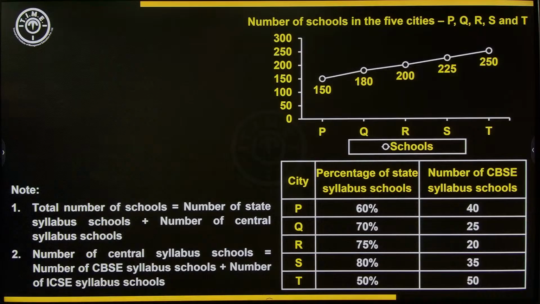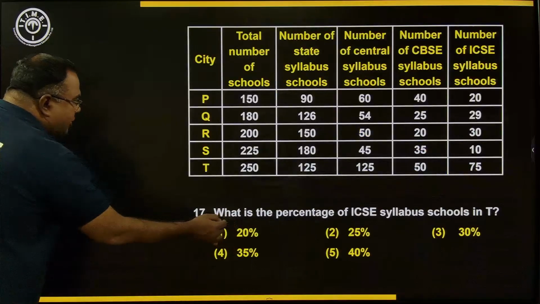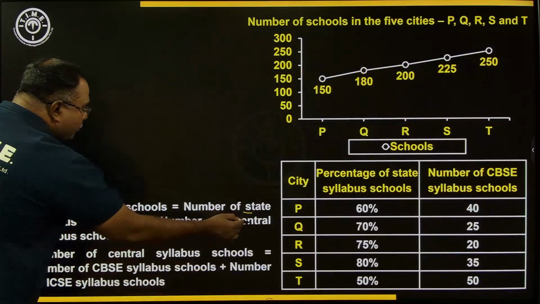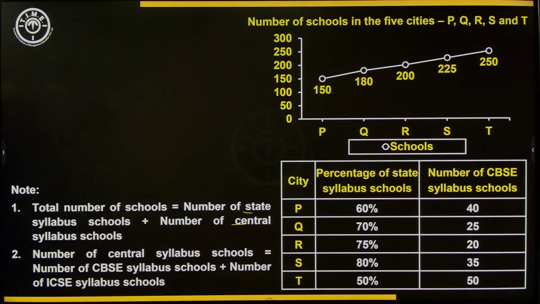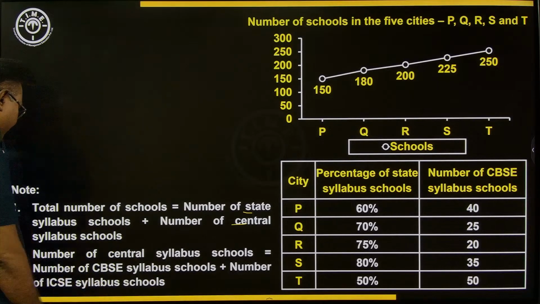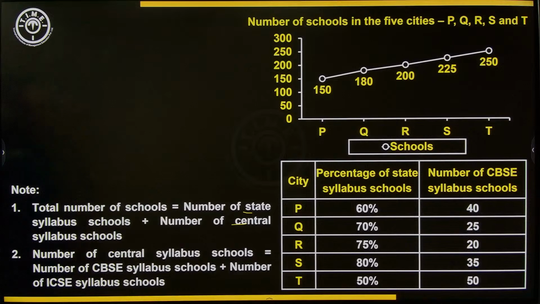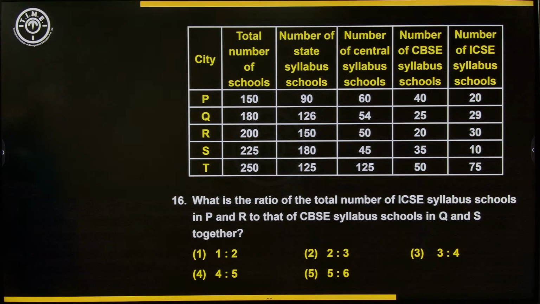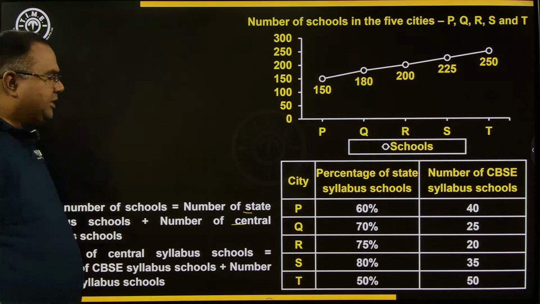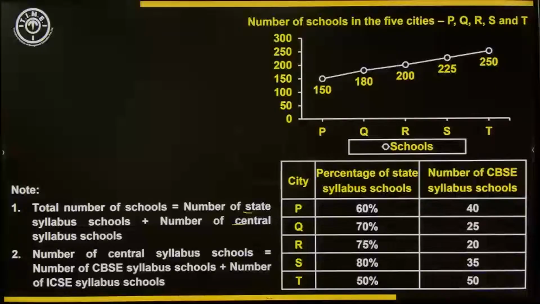Total number of schools is state syllabus schools plus central syllabus schools. Number of central syllabus schools is equal to number of CBSE schools plus number of ICSE schools, right? Take down these units, then we'll discuss. Just decode the data.